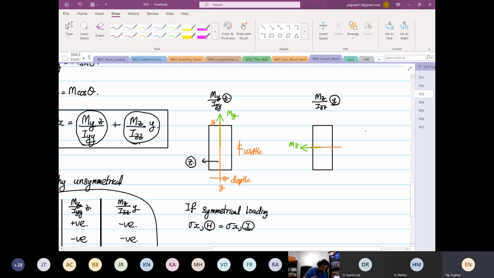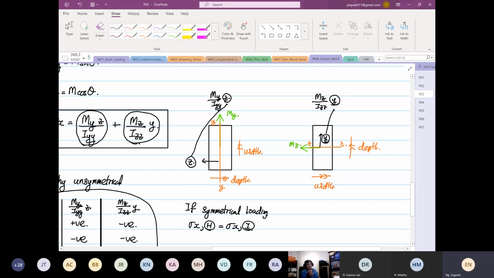So this is your ZZ axis. Now you have to remember, parallel will be your width, perpendicular will be your depth. And now the Y distance is in this direction. That is where a lot of students get confused.